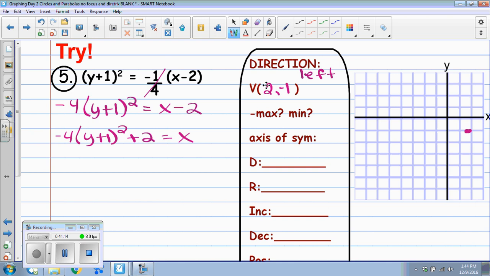And it opens left. Now, you do need to know where it crosses that x-axis. Oh, no, you don't. It's not a function. I don't care. Positive and negative doesn't matter if it's not a function.